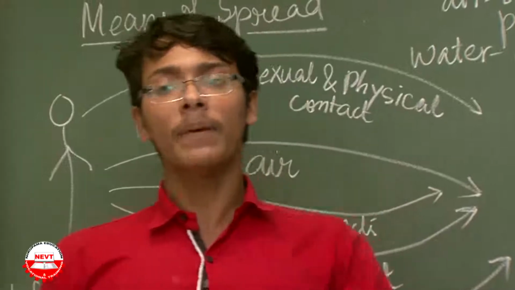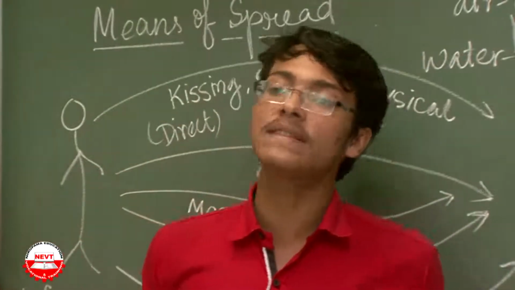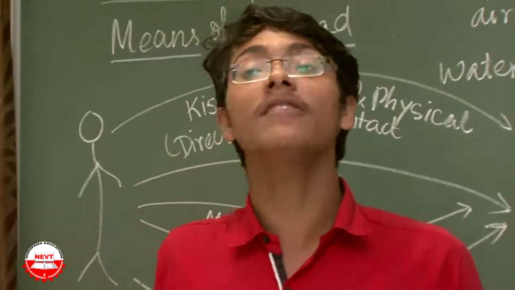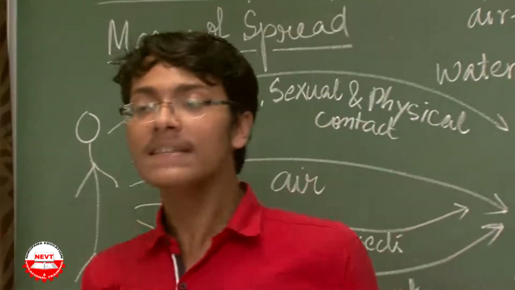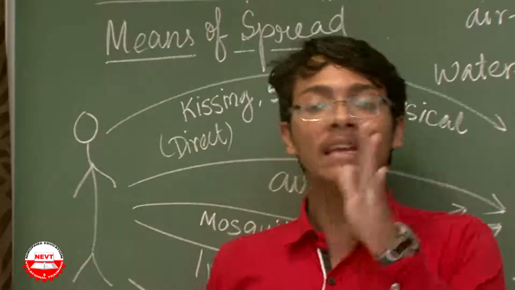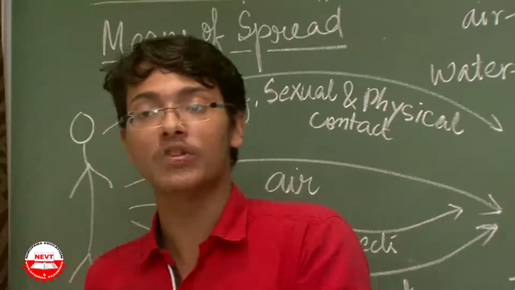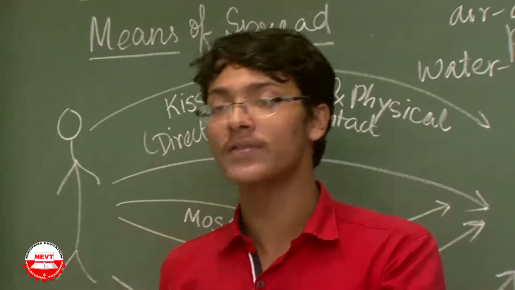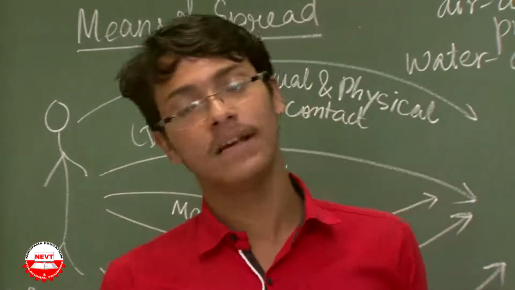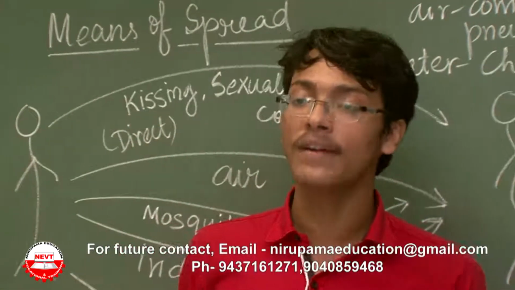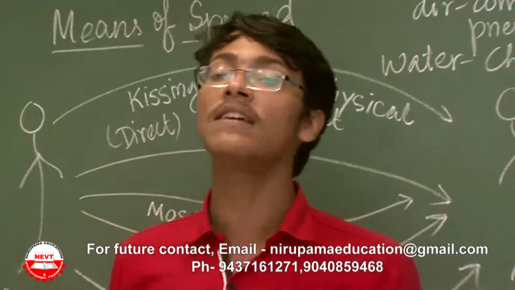The next topic, after you came to know about the infectious agents, is the means of spread, meaning how the diseases are spread. The diseases which spread from an infected individual to a healthy individual by any process are called communicable diseases. We have already discussed, while I was teaching you the types of diseases, that infectious diseases are communicable.